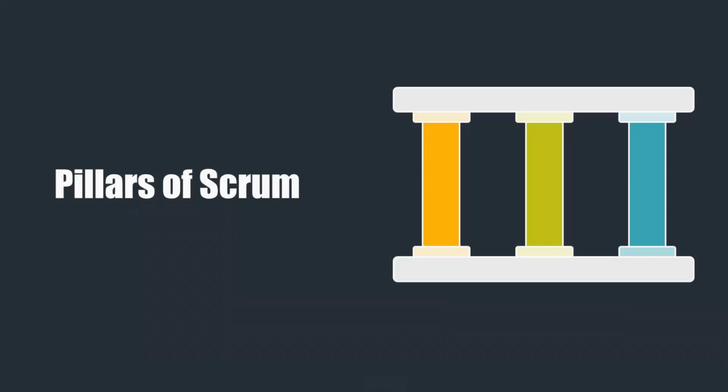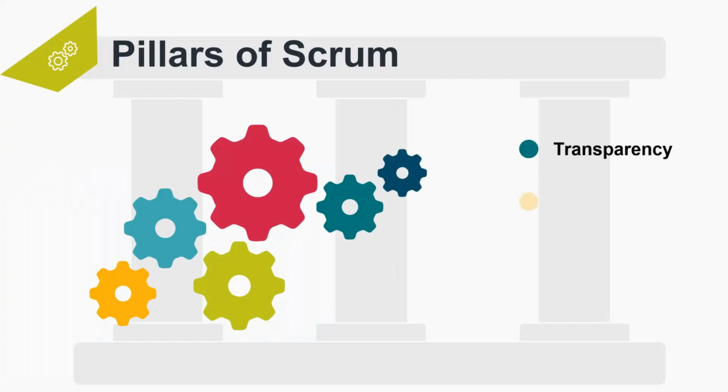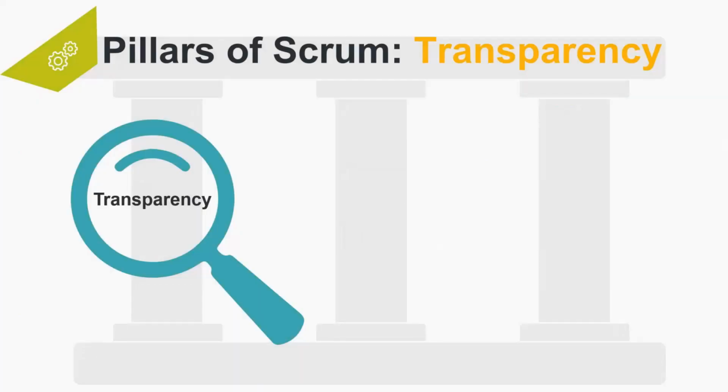Pillars of Scrum. There are 3 pillars of Scrum: transparency, inspection, adaptation. And now we're gonna talk about each of them in more detail. Transparency.